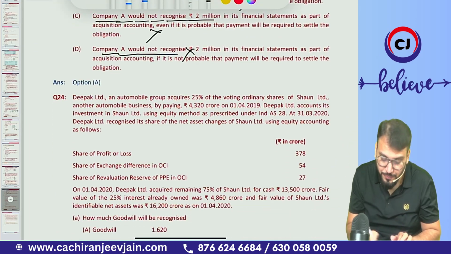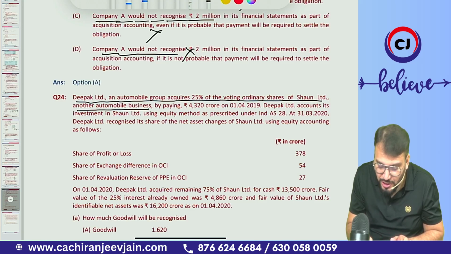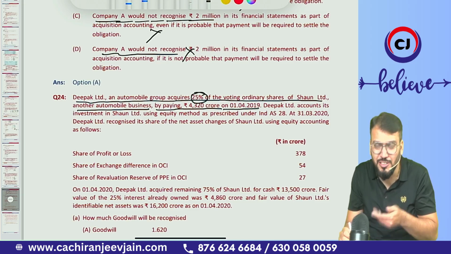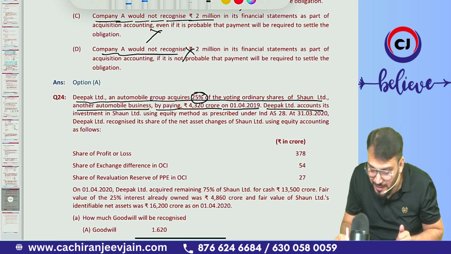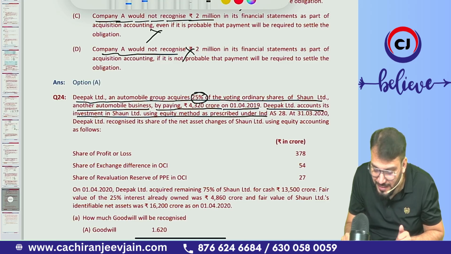Come to 24. Deepak Limited, an automobile group, acquired 25% of voting ordinary shares of Son Limited, another automobile business, by paying 4320 crore on 1st April 2019. So they acquired 25%, meaning significant influence. Deepak Limited accounts for investment in Son Limited using equity method as prescribed under Ind AS 28.